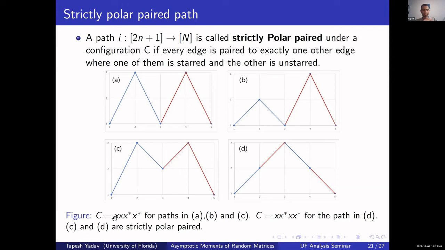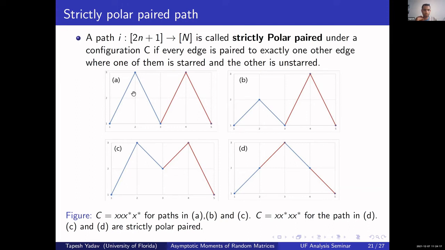Not going into details, but if it is x, then the edge is blue, and I have colored it red if it's x star. That's what it means for a path to follow a configuration. That's a pictorial representation. So here we have x and then x, so blue, blue, and then x star, which is red, red.